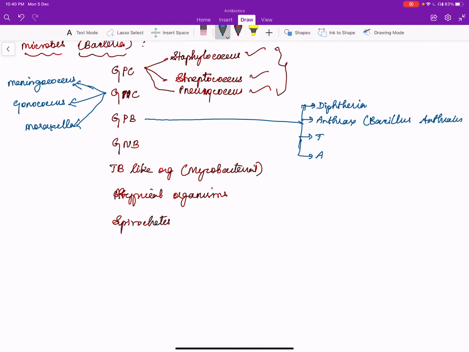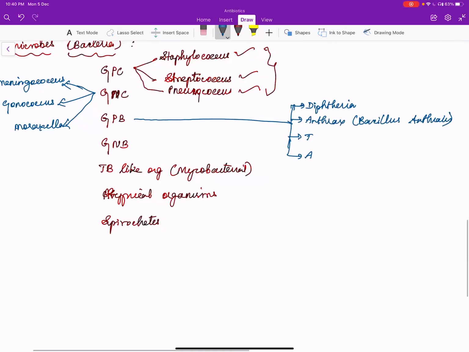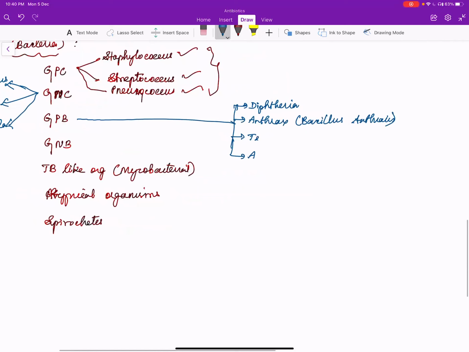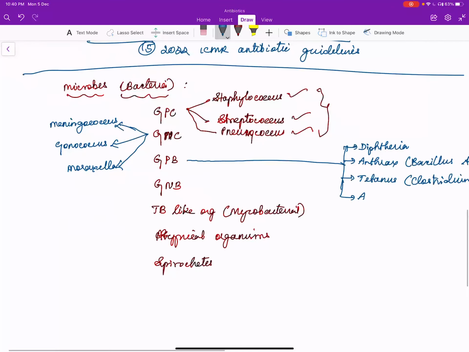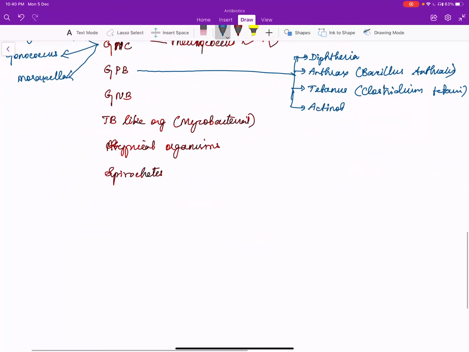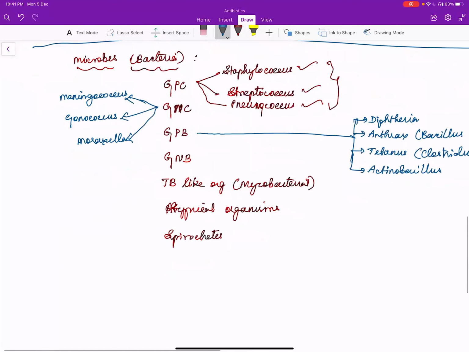Quickly, the important clinical infection is anthrax. T for tetanus, Clostridium tetani. Another A for Actinomyces, which can cause infective endocarditis. These are the gram-positive bacilli.